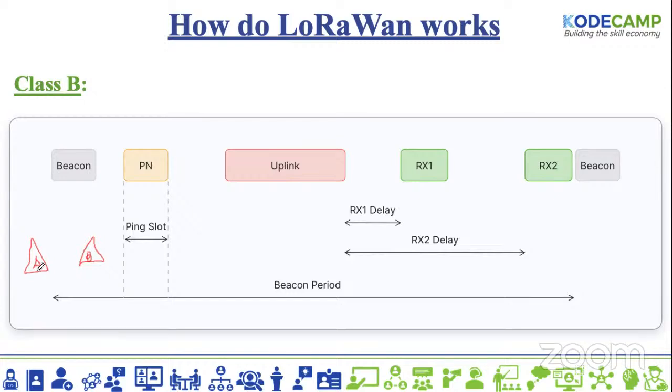So now this class A is going to wait till there is data to be sent. That's when it will wake up and send the data. So there is a change in data between the previous data and the current data.